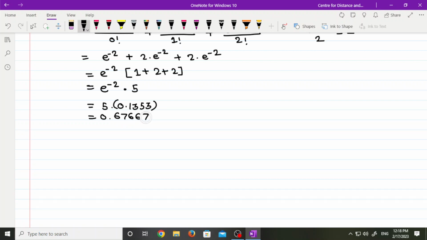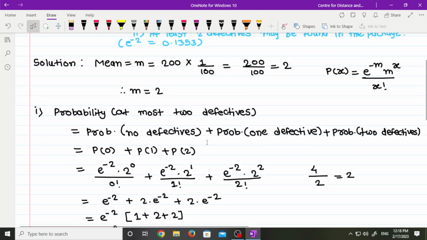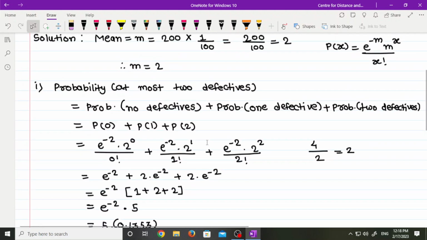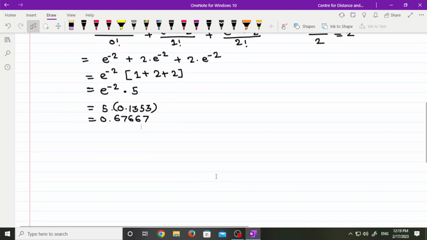That is, this is our probability that at most 2 defectives are in this package. And now we have to find out at least 2 defectives may be found in the package. Second one.